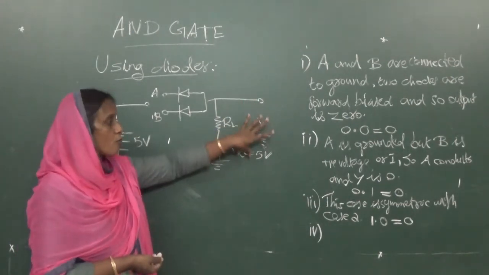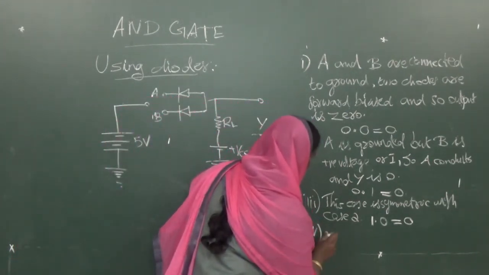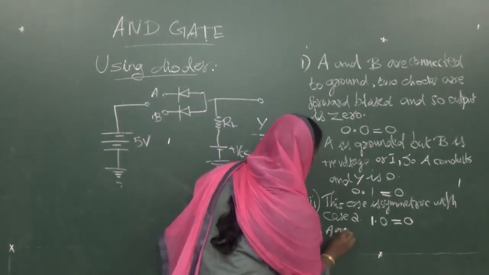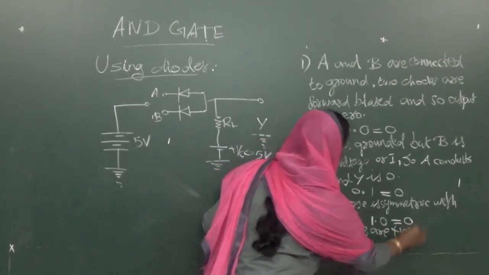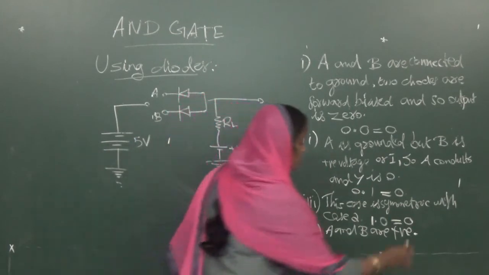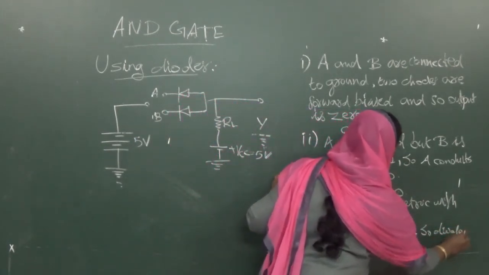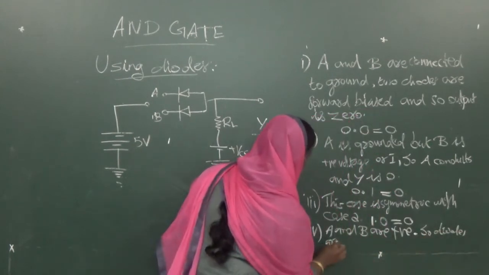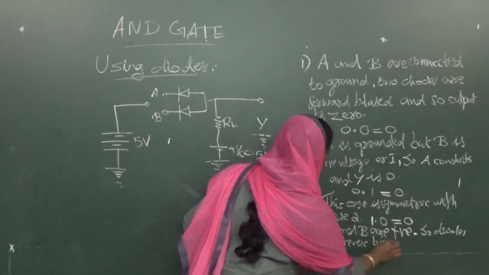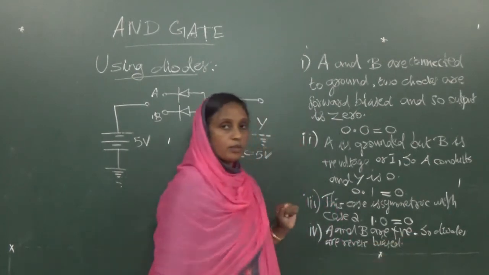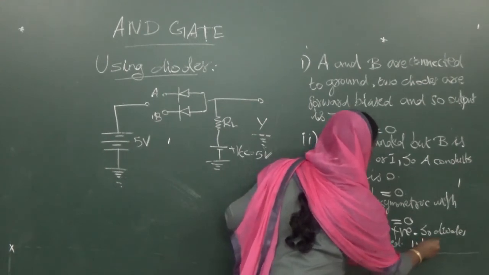So you get output as 5 volt. In this case, A and B are positive, so diodes are reverse biased. That means 1 and 1 equals 1.